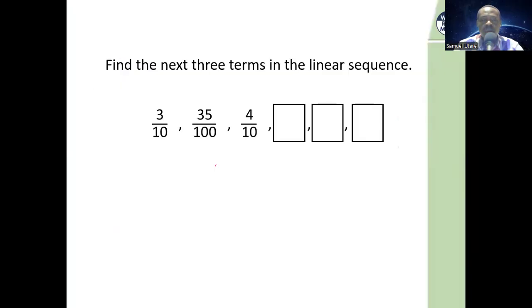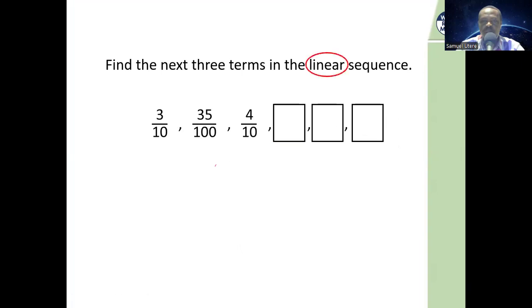All right. What if we're asked to find the next 3 terms in this linear sequence? Have a think. What do you observe? Is there something that you see that doesn't look quite okay before we can find the constant difference?